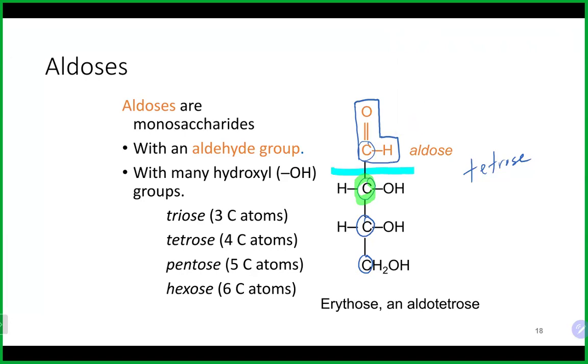It has this group right here, which is definitely different than that hydrogen, and definitely different than that OH. And the last group is everything below it, which is different than what's above it. So that one does have 4 different groups attached, and that is considered a chirocarbon there in green.